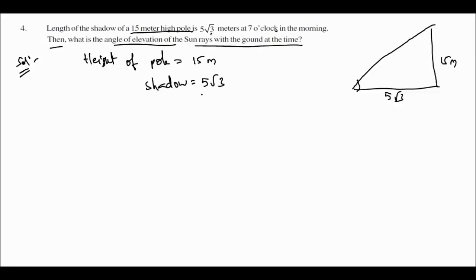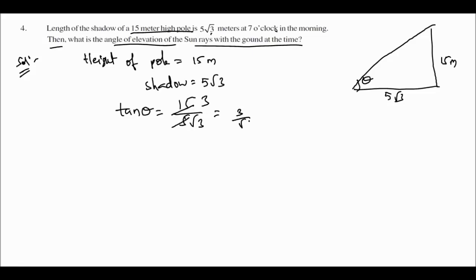Okay, and the length of the shadow is 5 root 3. Okay, and let the angle of elevation be theta. So we take tan theta, because it is opposite by adjacent. So tan theta is equal to, opposite means how much? 15 divided by 5 root 3. So here we can write it as 5 ones are 5, 5 threes are 15.